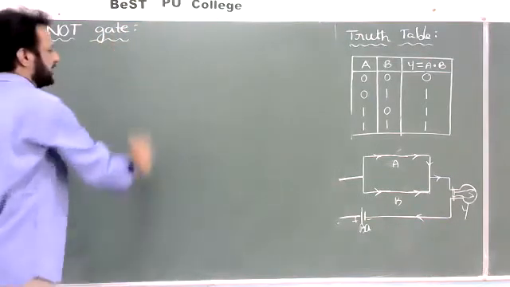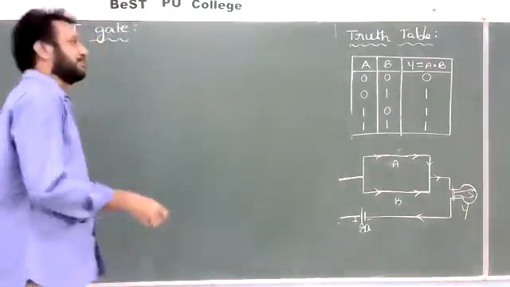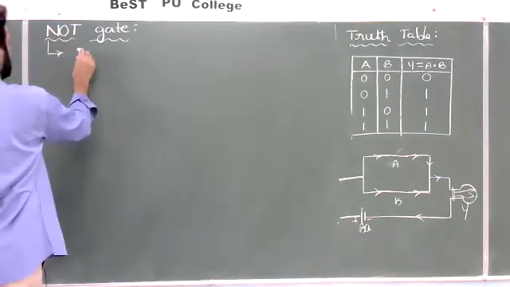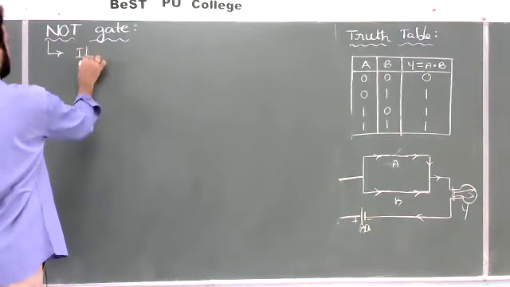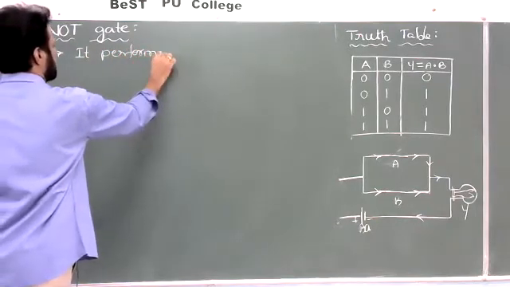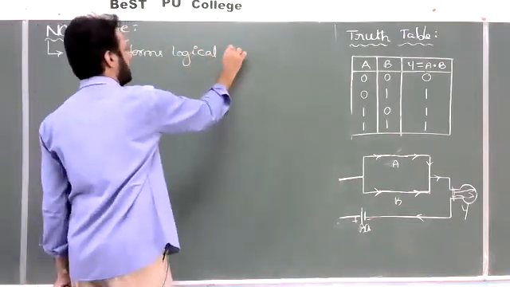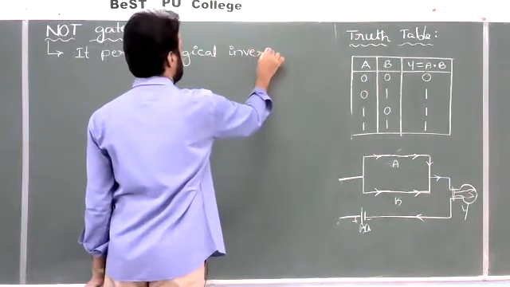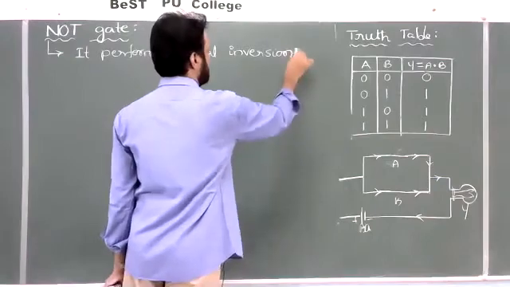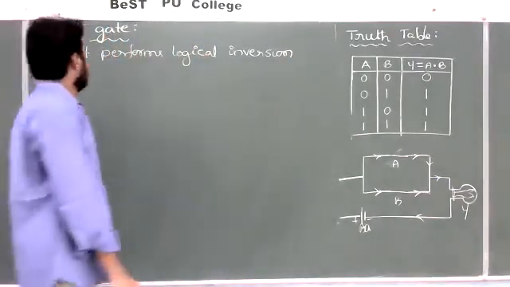NOT gate. It performs logical inversion or logical complementation. A digital circuit or logic gate which performs logical inversion or logical complementation is called a logic NOT gate.